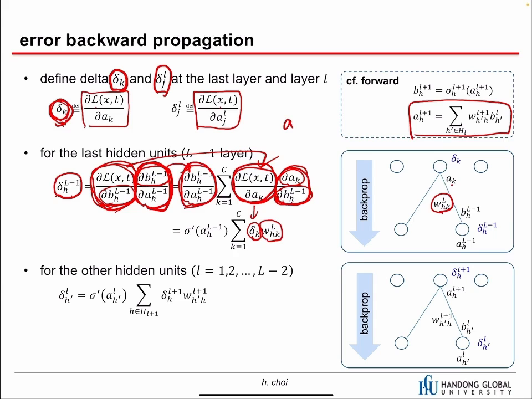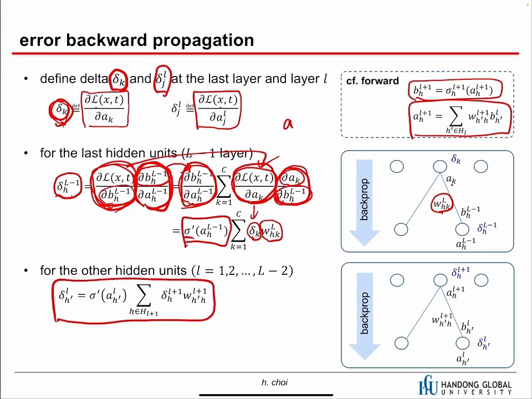Then look at this term, the partial derivative of b sub h with respect to a sub h. b sub h is actually a function of a sub h, so taking the derivative is simply the derivative of this nonlinear function. For the other hidden units, it looks the same. We have a derivative of this nonlinear function, the delta, and the weight. So the important thing is that this delta is a multiplication of this term and this summation.